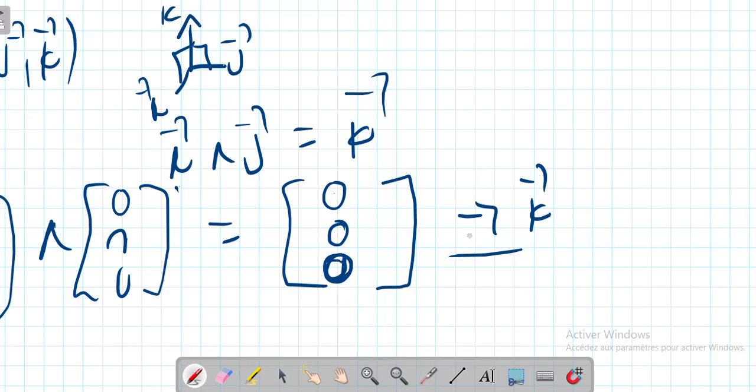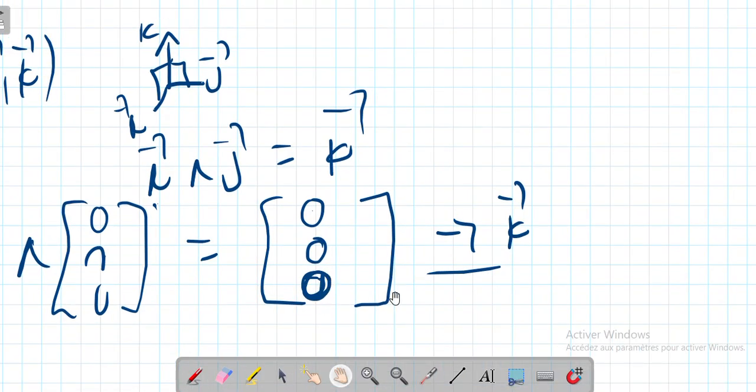I don't know if you are just texting your friend, send me the homework. Why do you have the same thing, and what does this mean? This doesn't have meaning. This is not K, because I've shown you how K is written. K has to be a unit vector of 1 in the z direction.